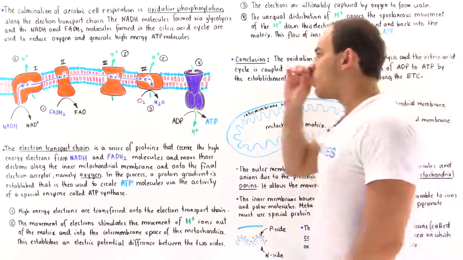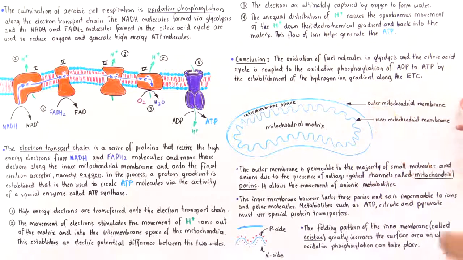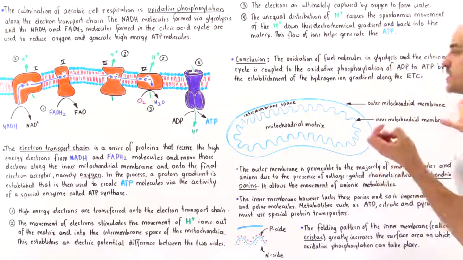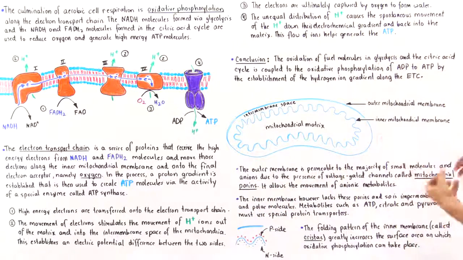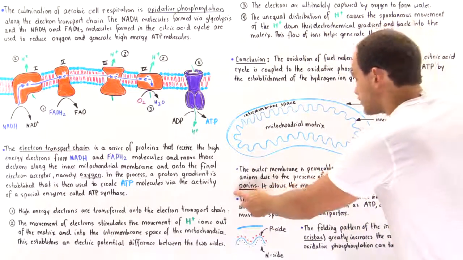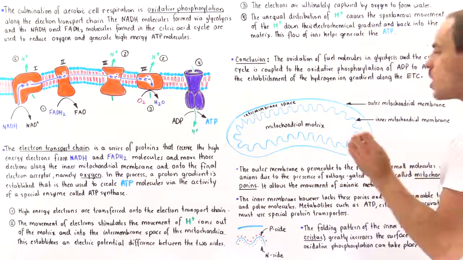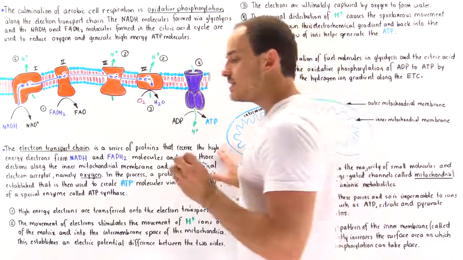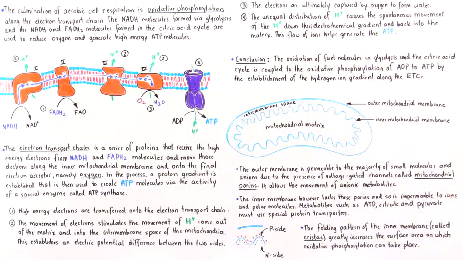Now, the second important difference between the two membranes is the fact that the outer mitochondrial membrane contains these special mitochondrial pores, these special mitochondrial proteins called porins. Mitochondrial porins, also known as VDAC, where VDAC basically stands for voltage-dependent anionic complexes.